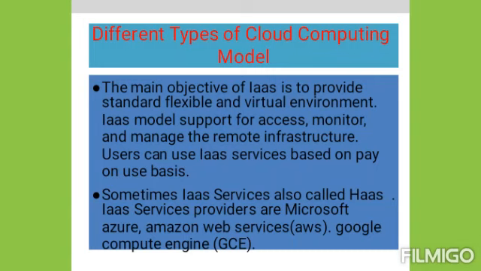The typical cost accounting model for IaaS is the pay-per-use method, in which the customer only pays for what they have used. Infrastructure as a service providers are Microsoft Azure, Amazon Web Services, Google Compute Engine and Rackspace, etc.